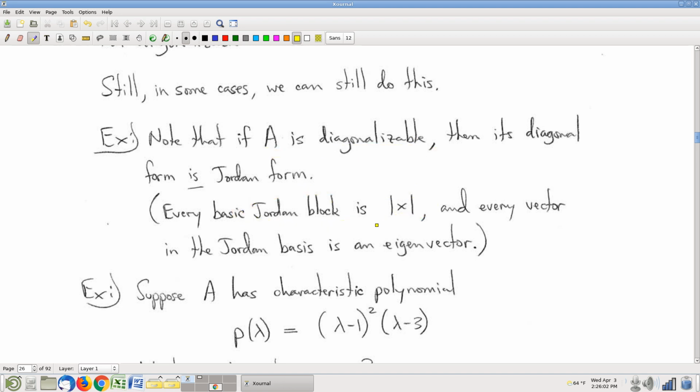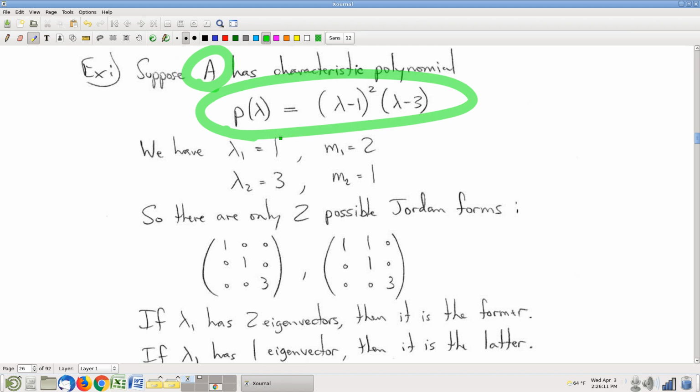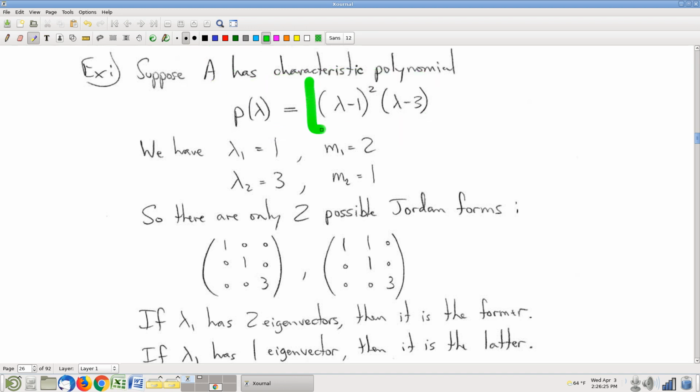Every so often, you can also make certain other kinds of arguments. So, given a matrix A, y'all know how to find the characteristic polynomial. That's not that bad, right? So, a little bit of factoring, and right off of there, you can immediately read a bunch of information. The fact that you have an eigenvalue of 1 with multiplicity 2 immediately tells you about your first eigenvalue block.